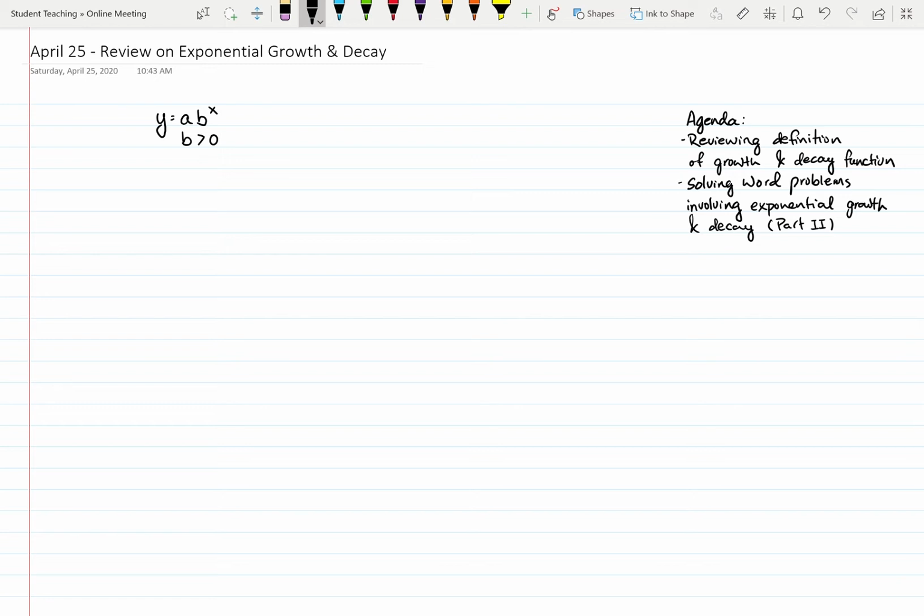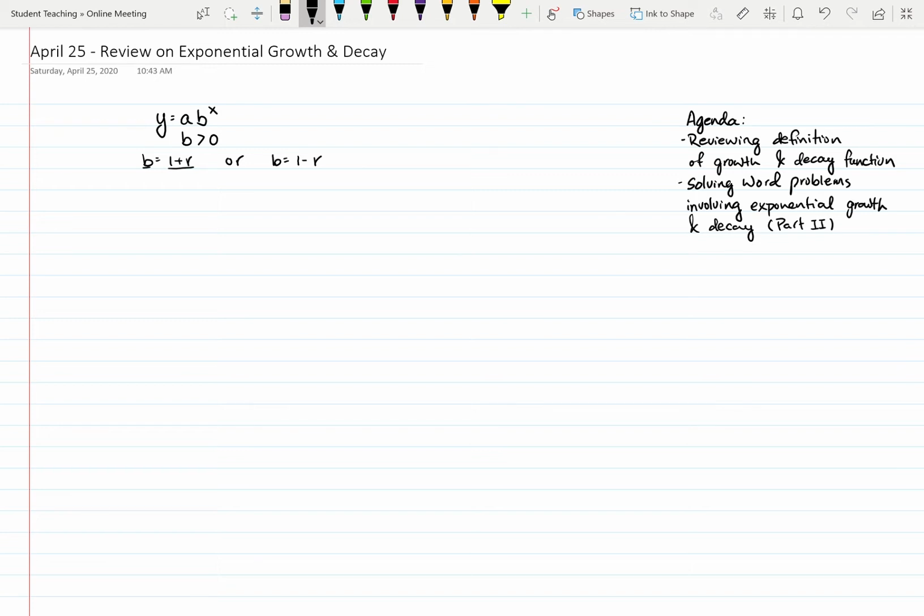And when we talk about growth and decay functions, b can be either 1 plus r or 1 minus r. These two, 1 plus r or 1 minus r, symbolize b.